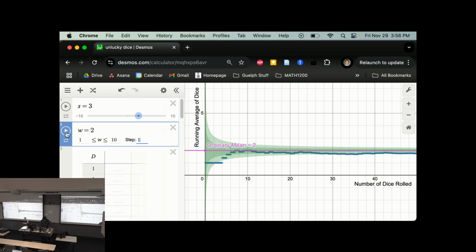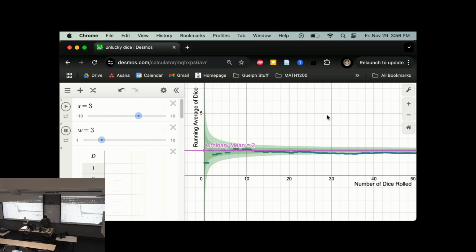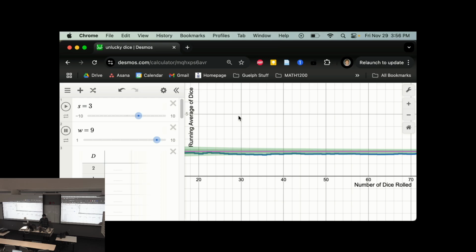All the rest of the dice here are exactly the same. So here I'm re-rolling the first 10 dice over and over again, and the rest of the dice are the same. And you can see that no matter what happens in the first 10 dice, it might move things up or down a little bit, but the long run average is sort of smooshed towards the mean too, no matter what you do. The long run average does not care about the first 10 dice.